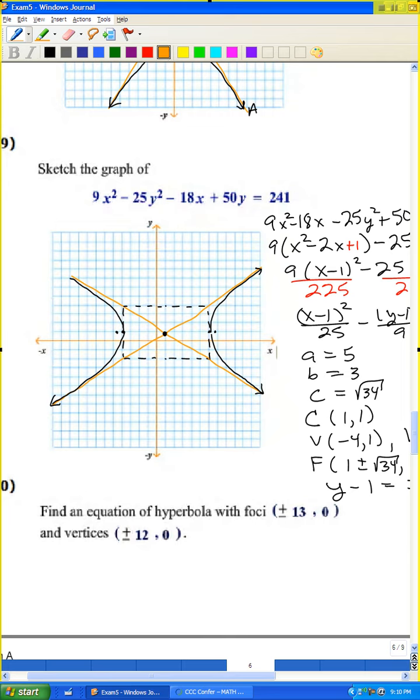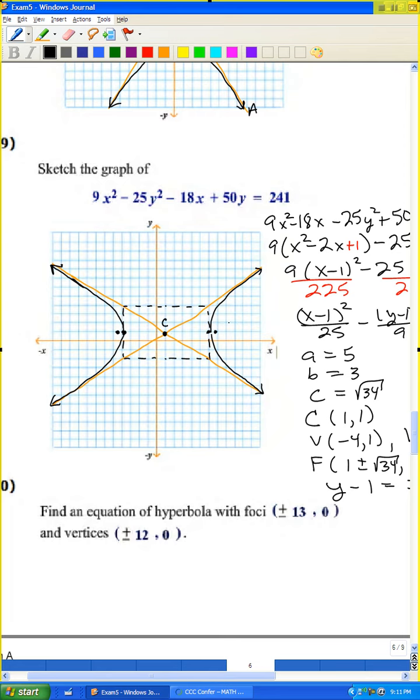Let's see if I can do this. Not too horribly bad, even though it looks like I'm going away from it. So let's see if I can approach this asymptote a little bit better. Yeah, a little bit better, I guess. Okay, so much you can do with this tablet.